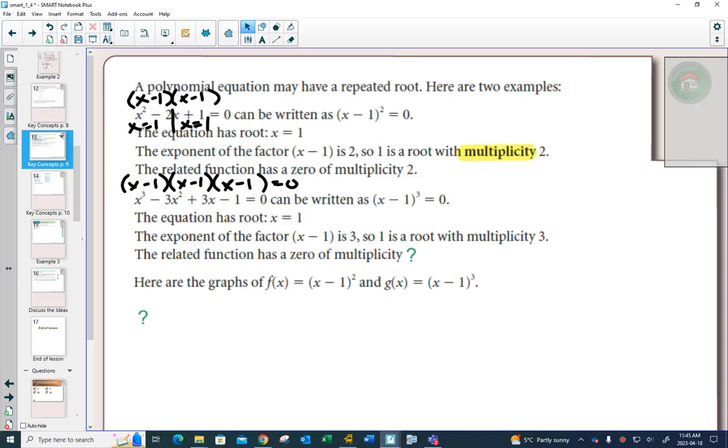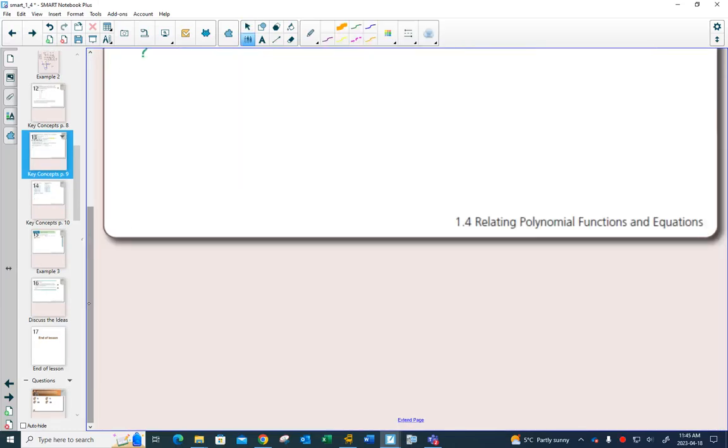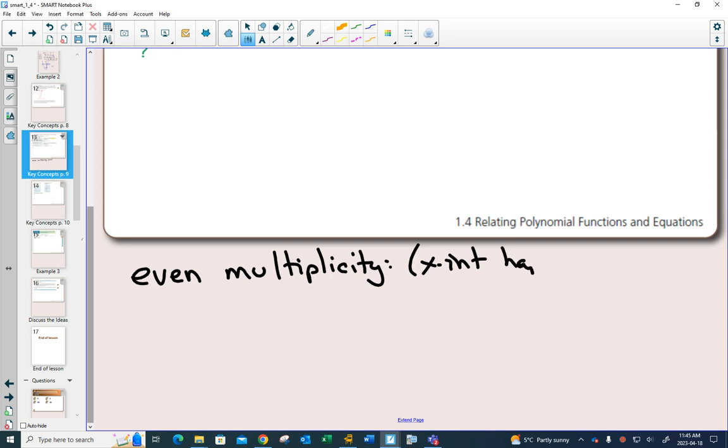So that's the first thing we're going to do, is we are going to write out some notes beside this, just in the column there. First thing we're going to write out is what happens if you have an even multiplicity. Which means an x-intercept happens an even number of times, which is easy to see when a factor has an exponent that is either a 2, a 4, a 6, an 8.